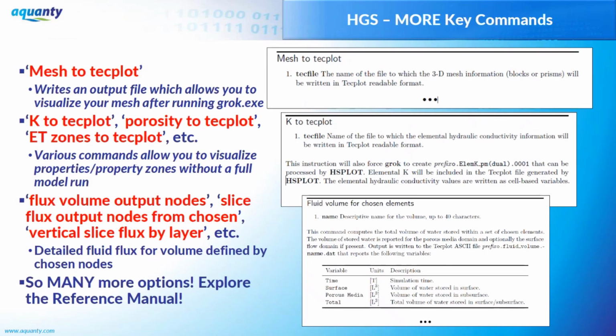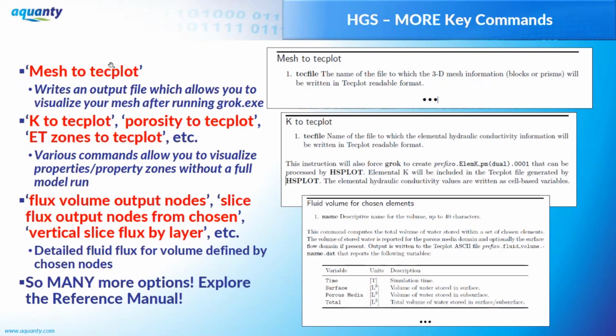We have some commands that will give you extra data. Mesh to Tecplot. So this one, you run grok and you want to see your mesh before you start running HGS and Hsplot. So you have some commands.